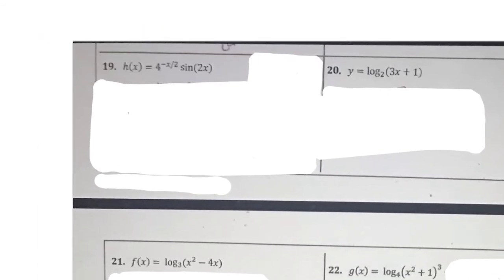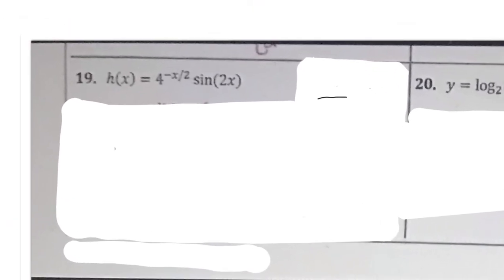Okay, problem number 19 looks like it's going to be a product rule scenario once again. So we'll call this U, we'll call this V, and let's figure out what everything is up here. U is going to be 4 to the negative 1/2 x. V is going to be sine of 2x.